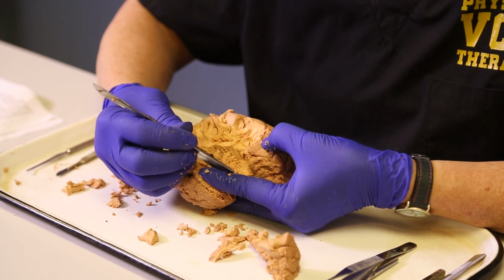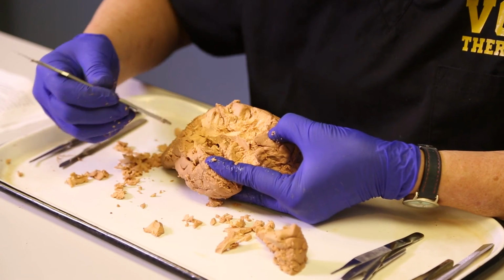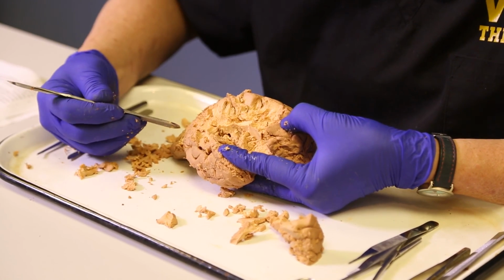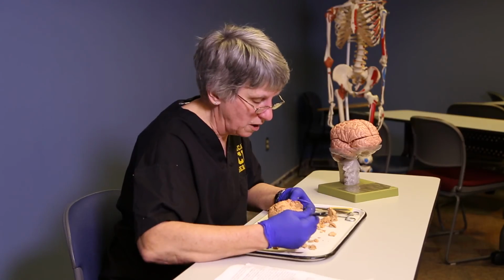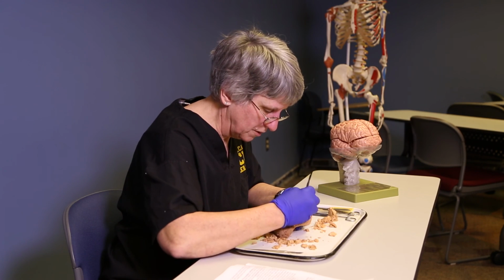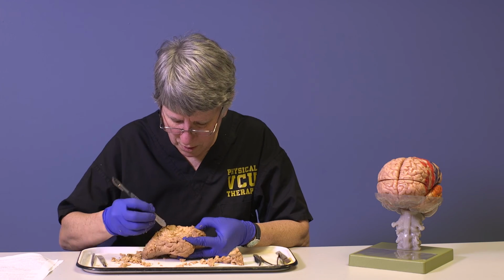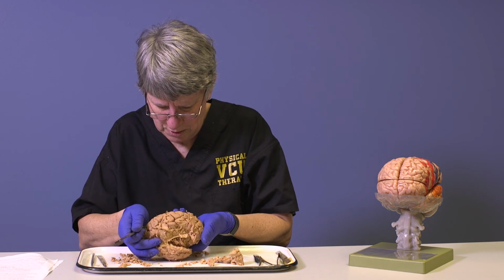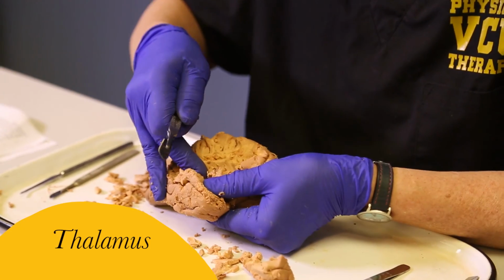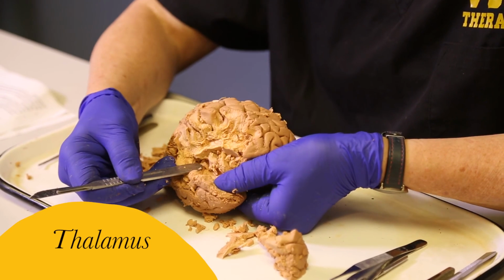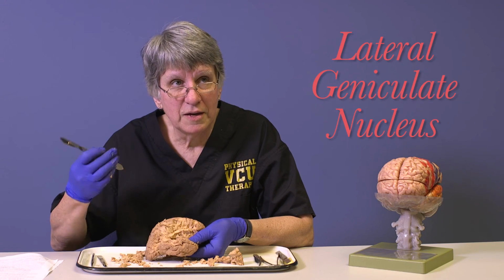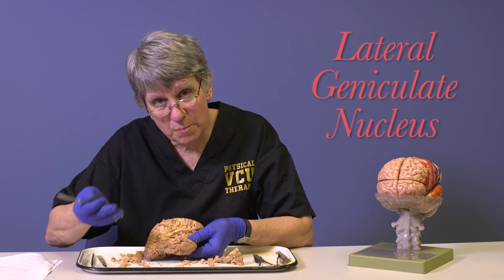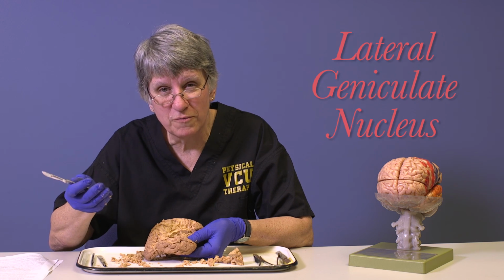It's actually going from the occipital lobe to the frontal lobe, so it's the occipital frontal fasciculus. But I also want to emphasize, let's see, the thalamus is about right here, and the lateral geniculate nucleus is on the bottom of the thalamus, and that's important for your vision.